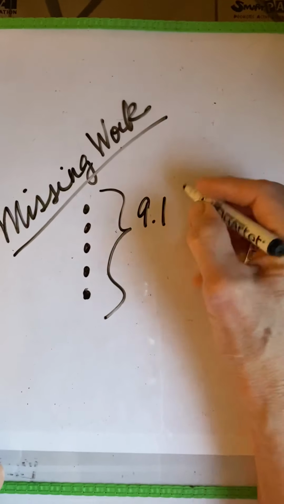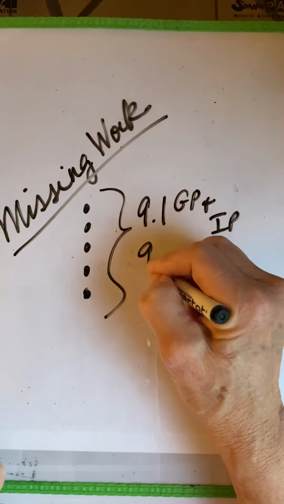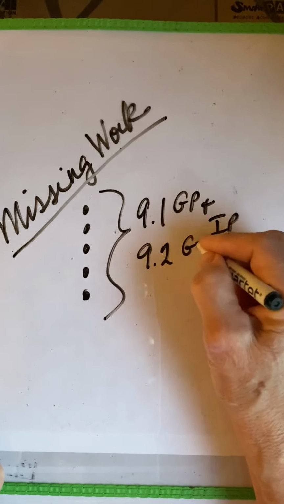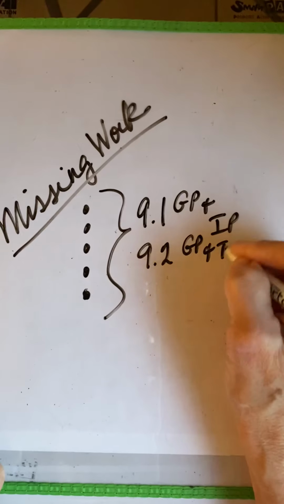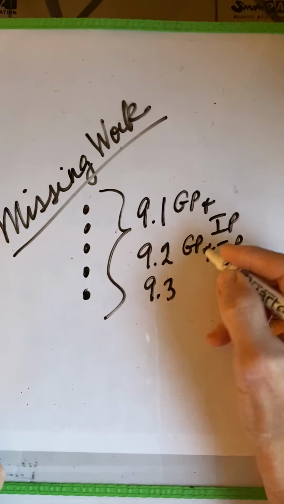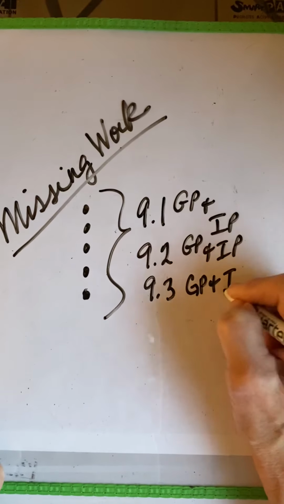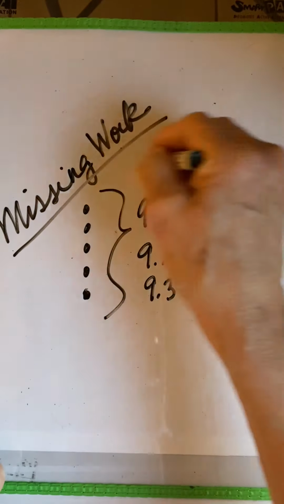Lessons 9-1, you had guided and independent. 9-2, you had guided, independent, I believe. Maybe one of those you just did independent, or just guided. I just can't remember, but y'all have got to get that work to me today.